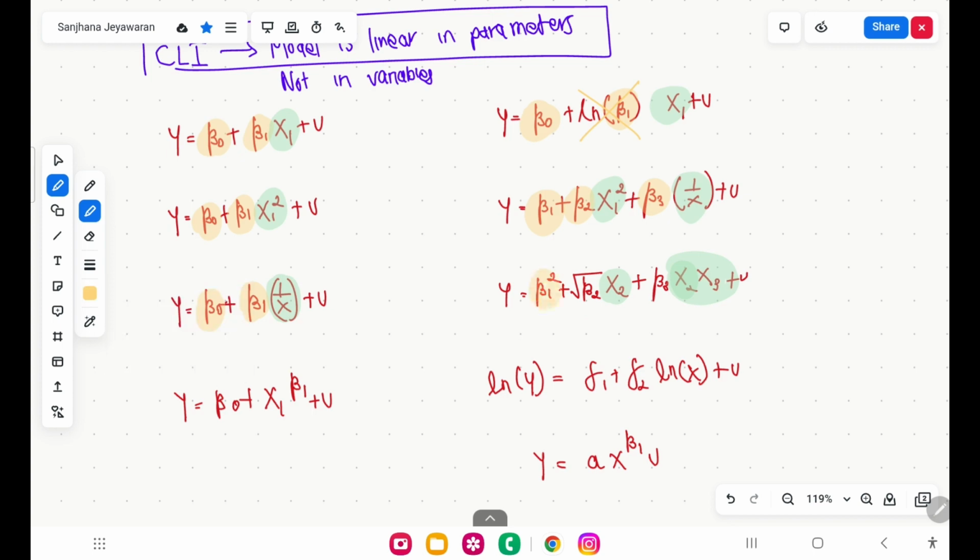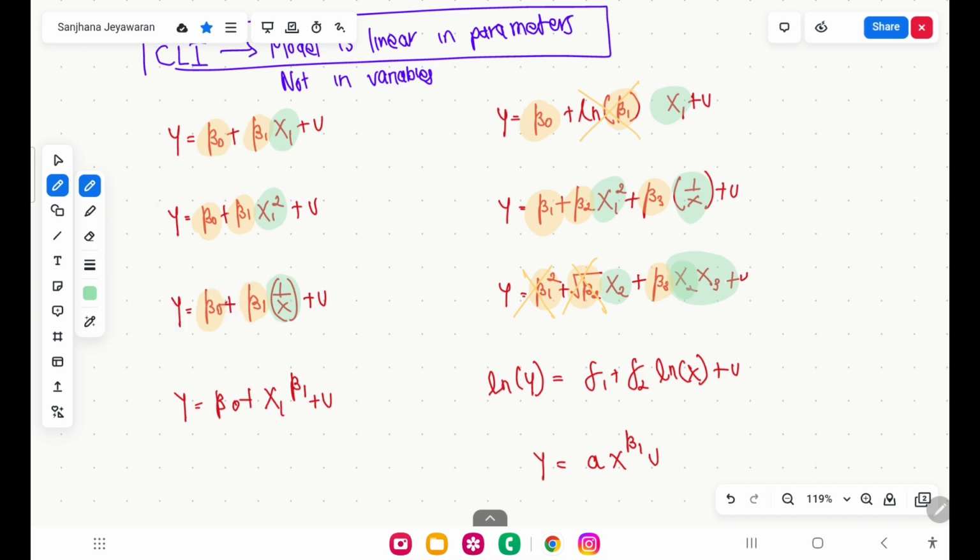Here the first one says beta 1 square, which makes it non-linear. Root beta 2 can be written as beta 2 to the power half, again non-linear. Though this one is linear, it doesn't matter because these two are non-linear. So this model violates the assumption of CL1.